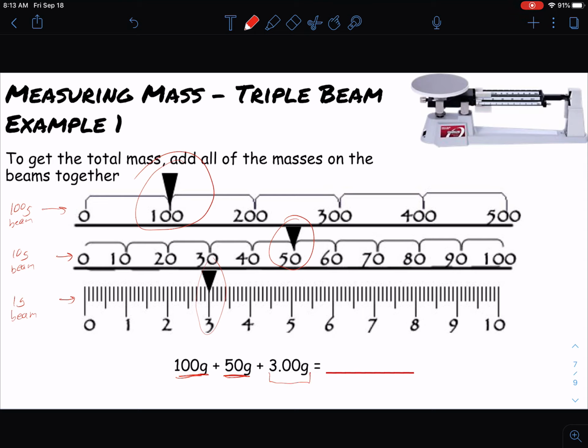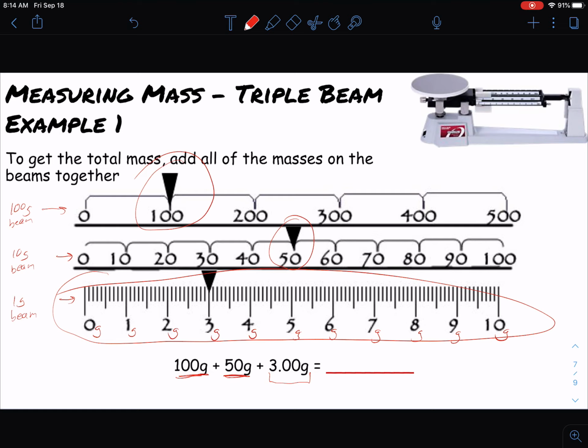And this beam here is always the hardest for people to read. The reason is they want to read it differently than what they're used to, but it looks to me very similar, if not the same as a meter stick. But instead of centimeters, these are grams. All of these are in grams now, and it only goes up to 10.